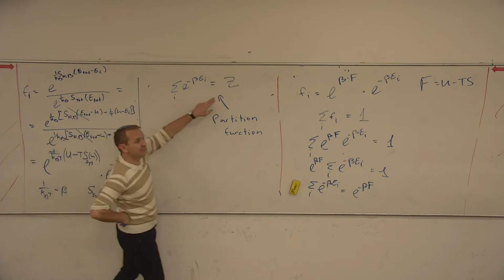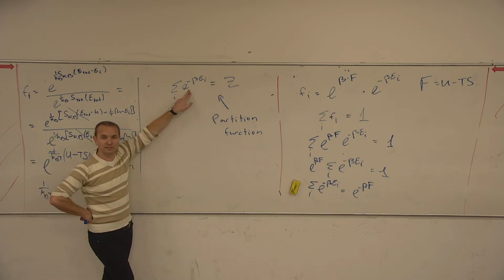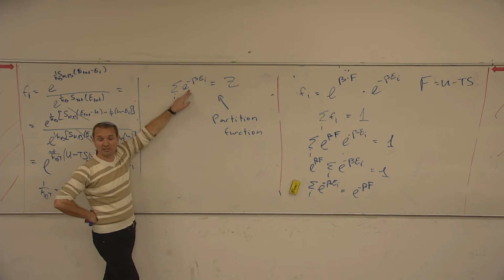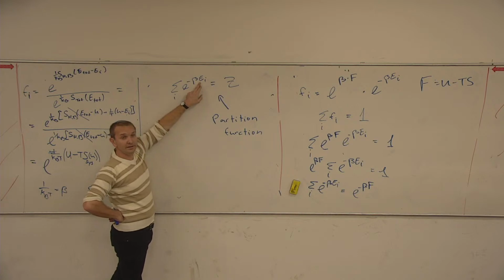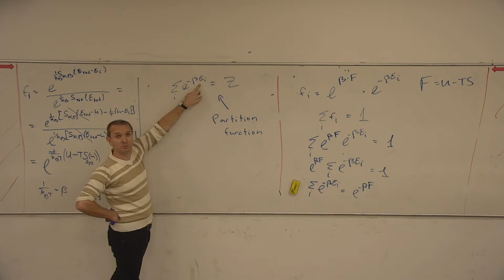It's completely defined by the microstates of the system, in our assumption of canonical ensemble, which are defined by the energies of the system, and the energies completely define the probabilities.